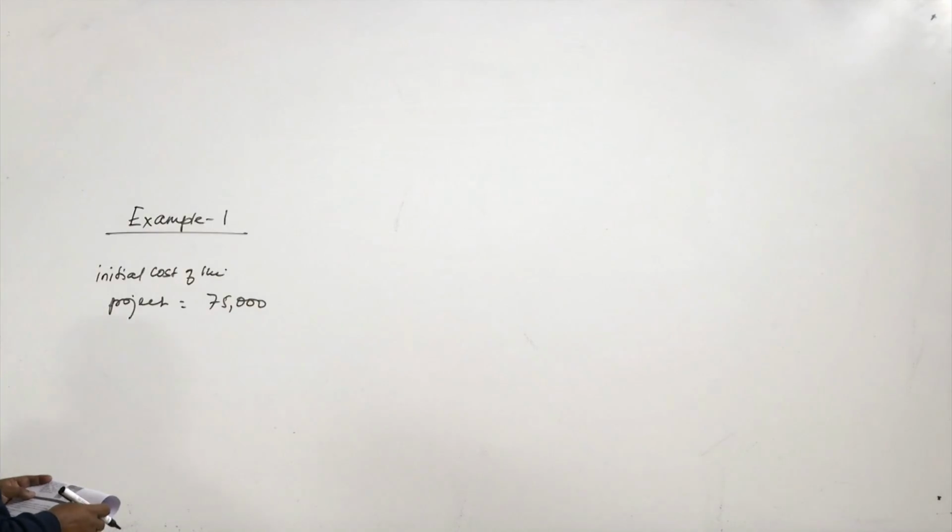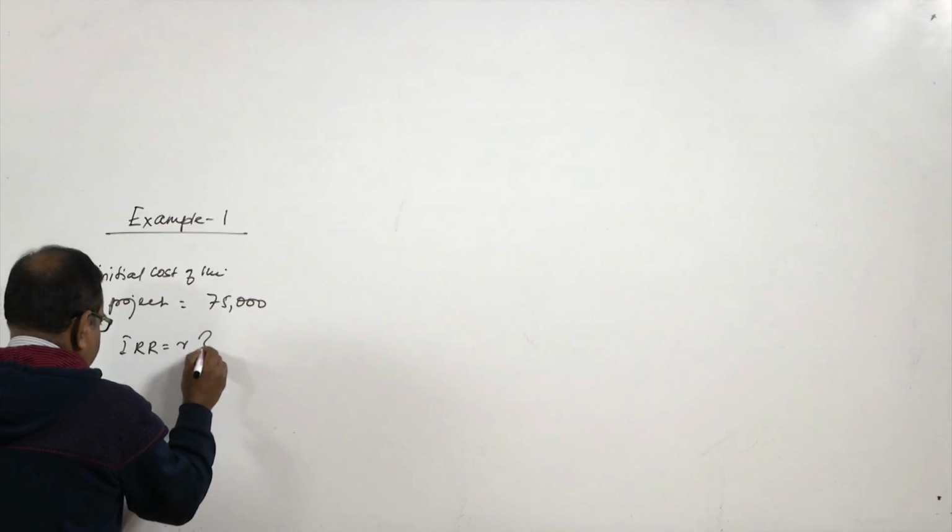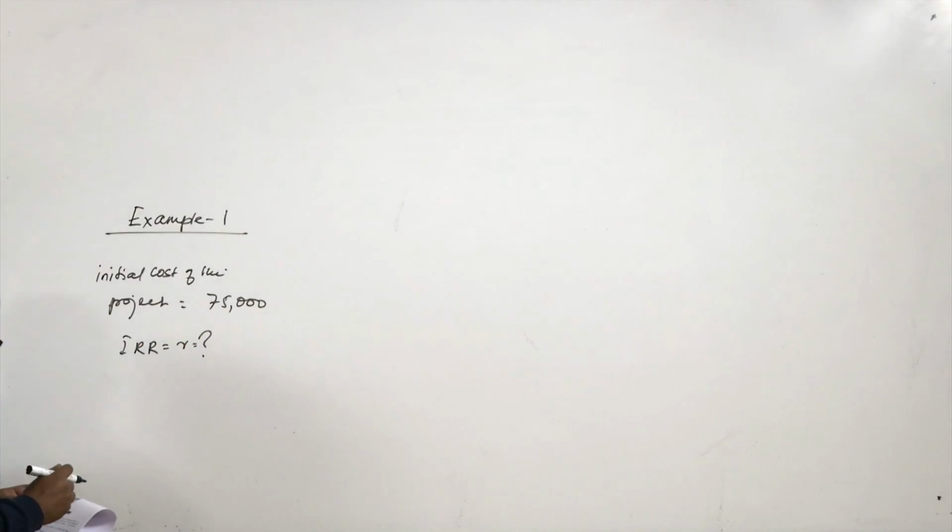Find out the internal rate of return. So, I have to find out what is IRR equal to R, what is the value of R, which will make the NPV equation equal to 0.